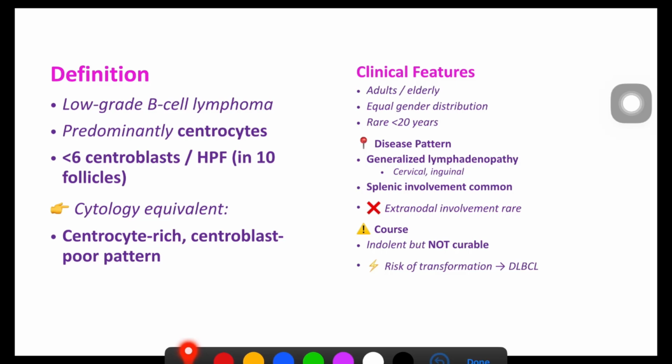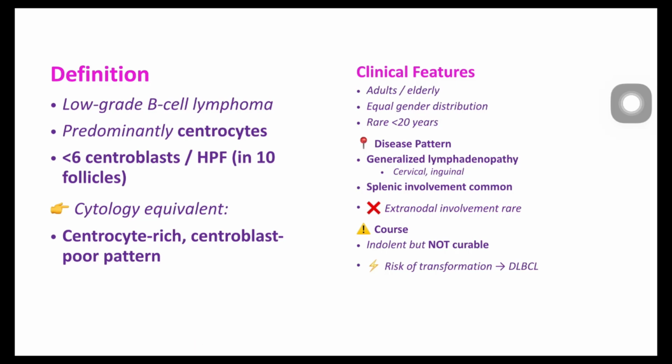Clinically, mostly adults or elderly patients are affected, with equal gender distribution and rarely in patients less than 20 years. The patient presents with generalized lymphadenopathy, mainly cervical and inguinal, and splenic involvement is common, but extranodal involvement is rare. Its course is indolent but not curable, and there is risk of transformation to DLBCL.